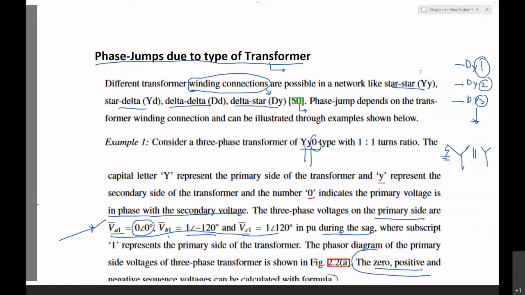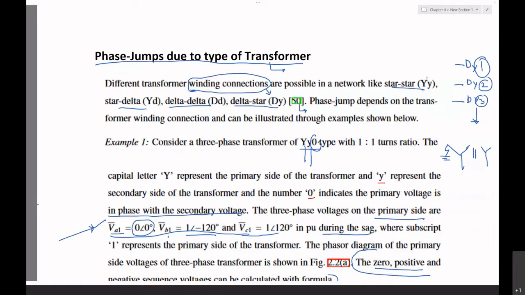The phase angle jump is due to the X/R ratio and the transformation of the fault from the higher voltage to the lower voltage by the transformer. Because of that, we will be having the phase jump.